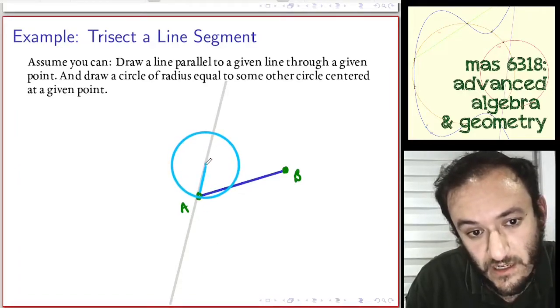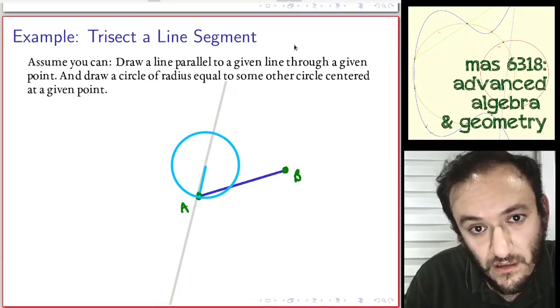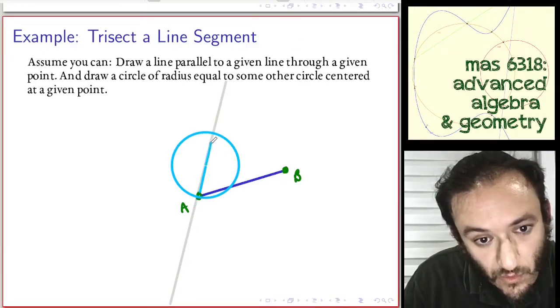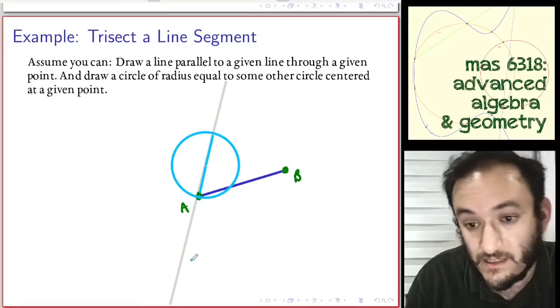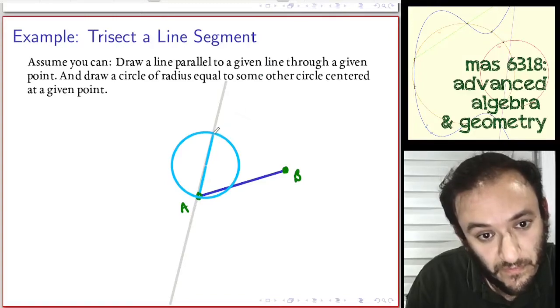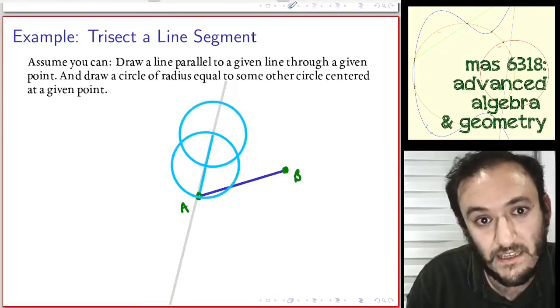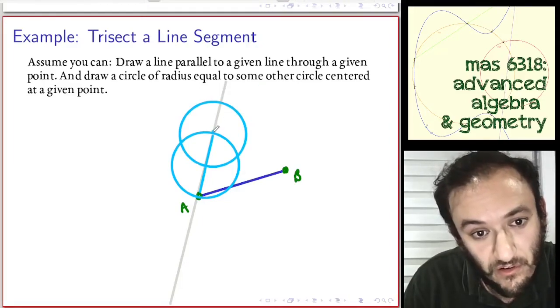Okay, so I started it centered here, and then I brought it back to the original point. So that means that this will give me a line segment of the same length going a step further. And now I can use another circle going back one step to give me a third line segment.